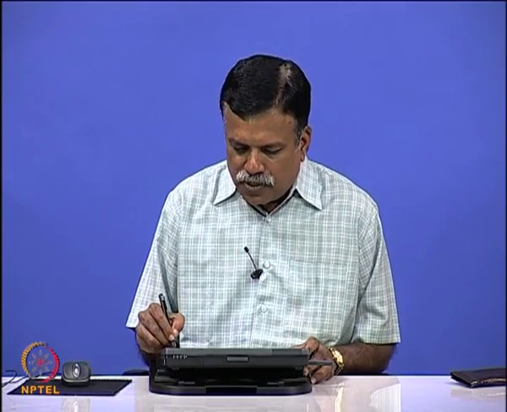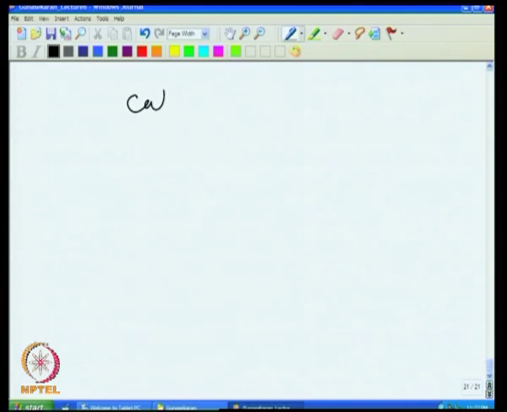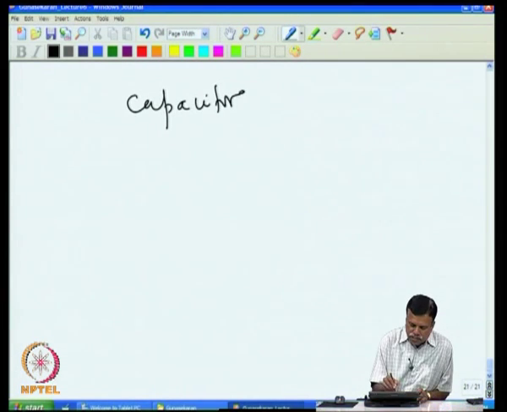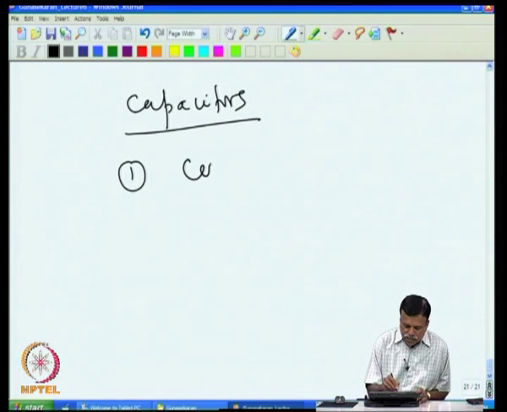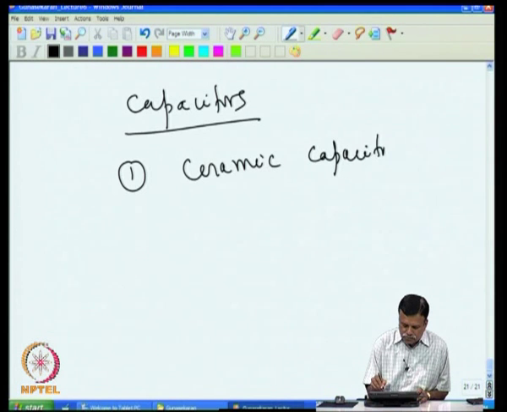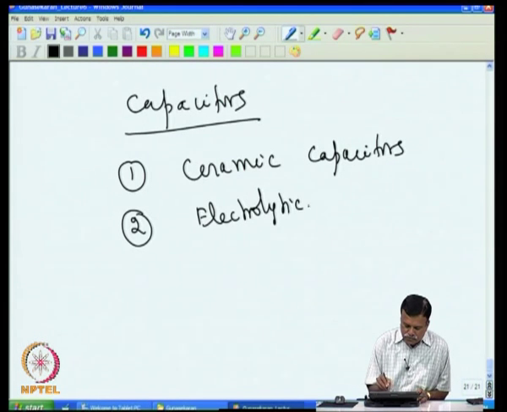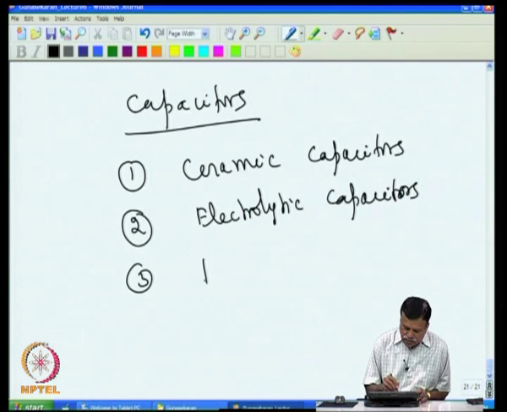Now, similarly, if you look at capacitors, we have three different types available. One type is ceramic capacitors, the second type is electrolytic capacitors, and the third type is plastic film capacitors.